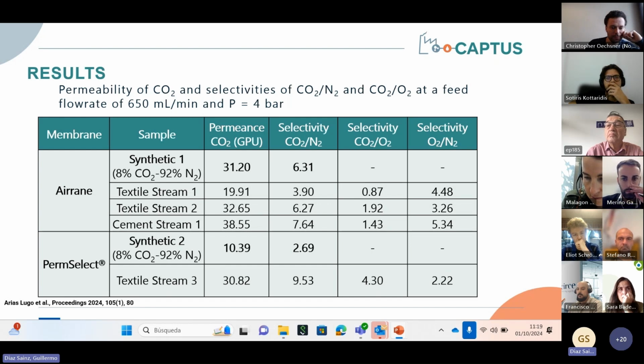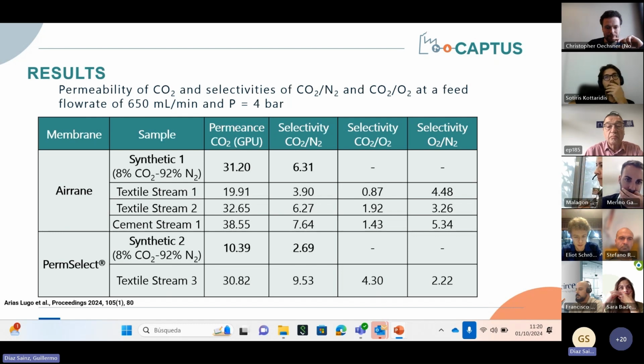We can compare in this table the results that we obtained for permeance of the CO2 and selectivities with different types of membranes, with different types of samples, synthetic gases, and real gases from different industries here in Spain. And we can see that the membranes operated with good performance in terms of the permeance of the CO2 and the selectivity of CO2 and nitrogen, but we can see that the separation of CO2 and oxygen is very difficult.